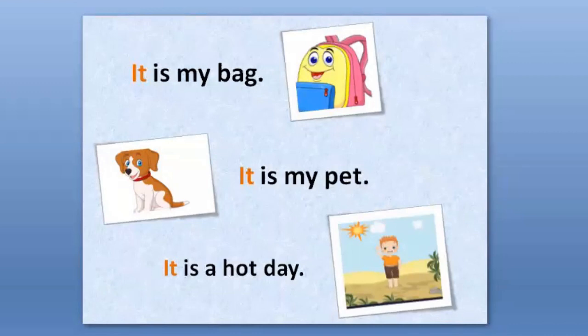For example, it is my bag. So it, because it is a thing. It is my pet. So it, because it's an animal. When we are talking about an animal or a bird, we don't know about its gender. So we use the common gender, the neuter gender, that is it.